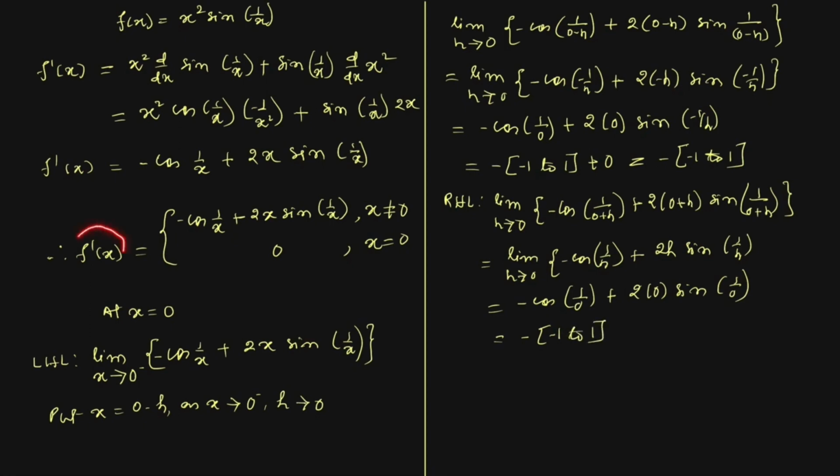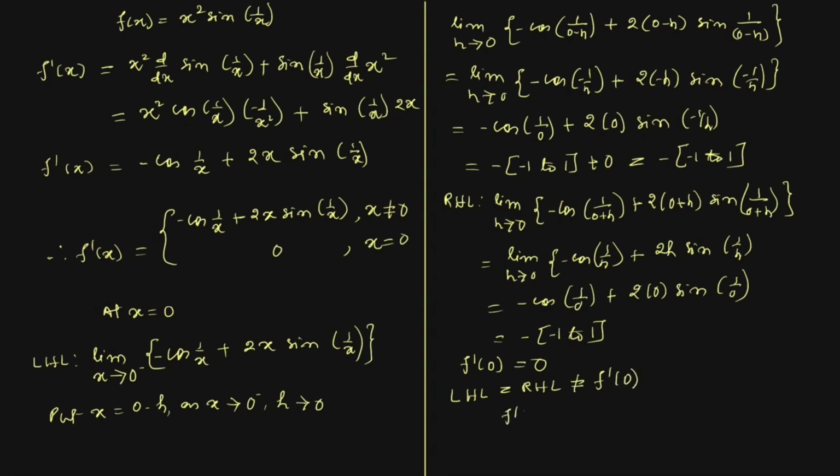Now we find f dash x at x equal to 0, which is equal to 0. So f dash 0, which is equal to 0. This is our left-handed limit and this is our right-handed limit. So left-handed limit equal to right-handed limit, but which is not equal to f dash 0.